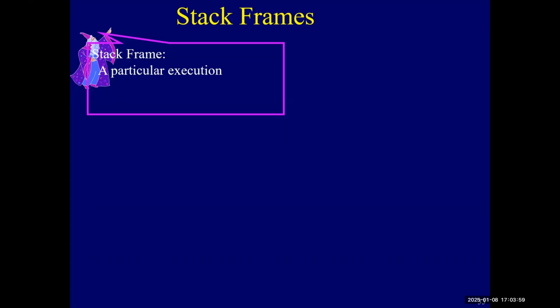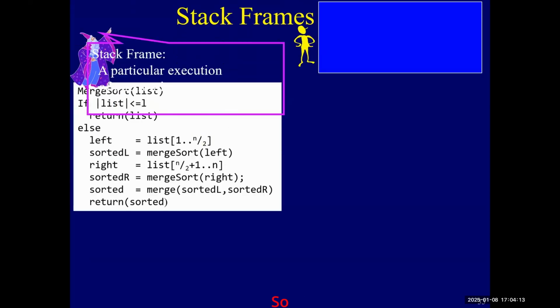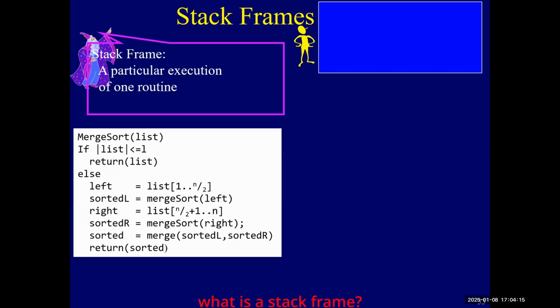Somewhere in your brain, you should know what a recursive program actually does, and how it uses a stack. So what is a stack frame? When you start a routine up with a particular input, it's a block of memory that routine is going to use.